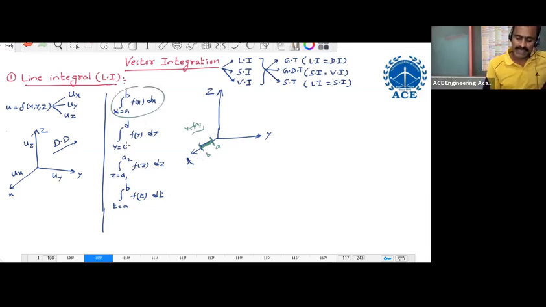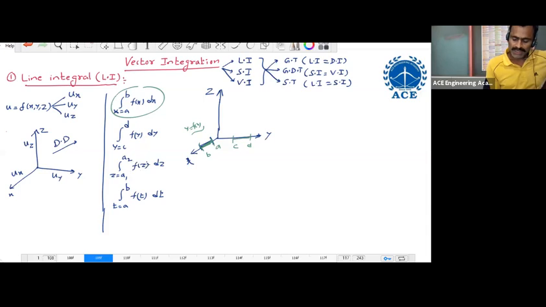Similarly, the integral from c to d of f of y dy: the function is in terms of y, so the projection of this curve will be on the y-axis from c to d only. So we evaluate this second integral along the y-axis from c to d only.